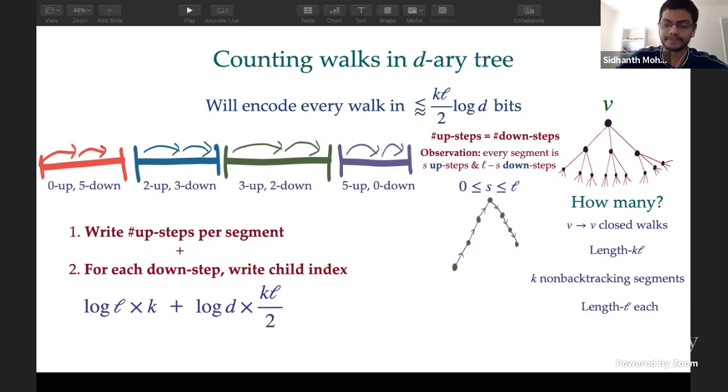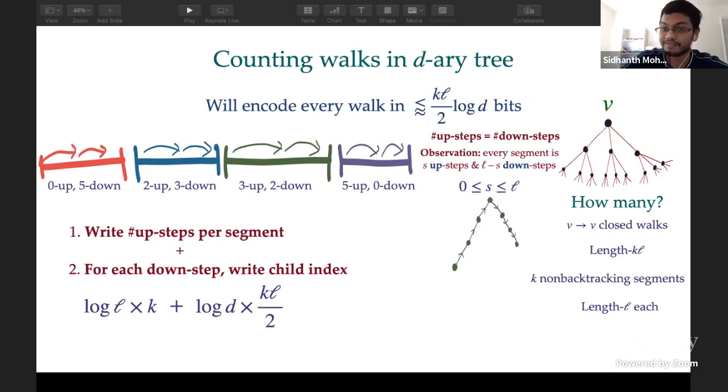Another thing I want to point out is if you know that you're taking an up step, I don't even need to tell you where you're going because every vertex has a unique parent. But if you're taking a down step, I do need to tell you where you're going. In particular, I need to tell you which of your d children you're going to. So encoding each down step takes log d bits.